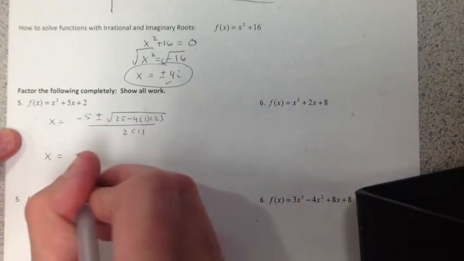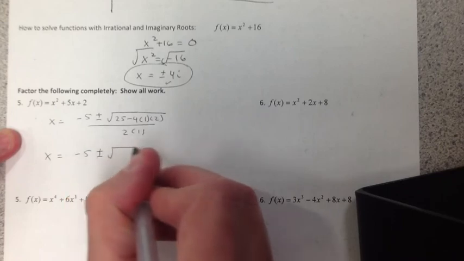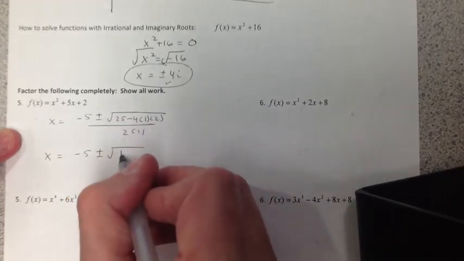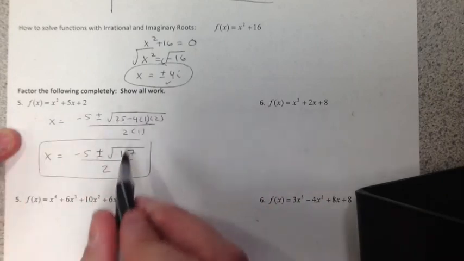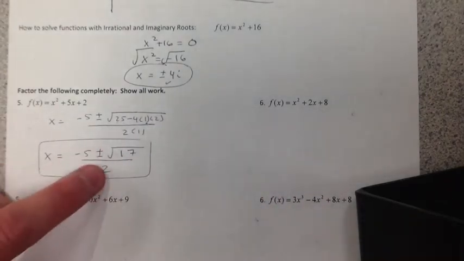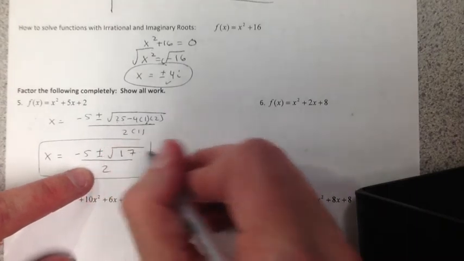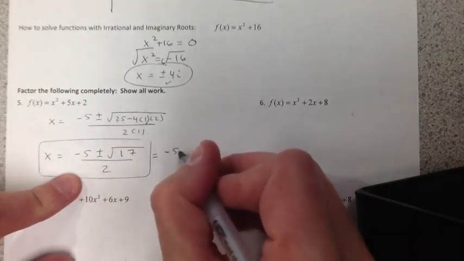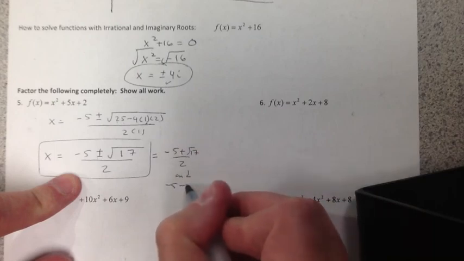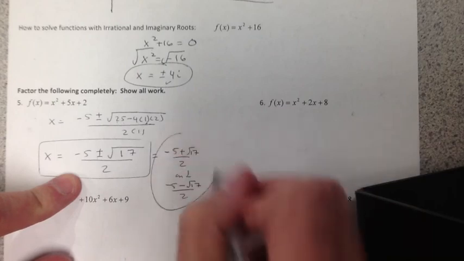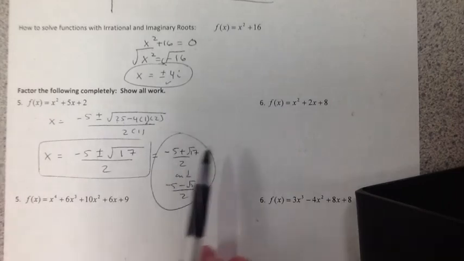So we get x equals negative 5 plus or minus the square root of 17 over 2. 25 minus 8 is 17. Now, we do get 2 answers. These are our conjugate pairs. So you get negative 5 plus the square root of 17 over 2 and negative 5 minus the square root of 17 over 2. Conjugate pairs. All right, try number 6 and go on to part 2.